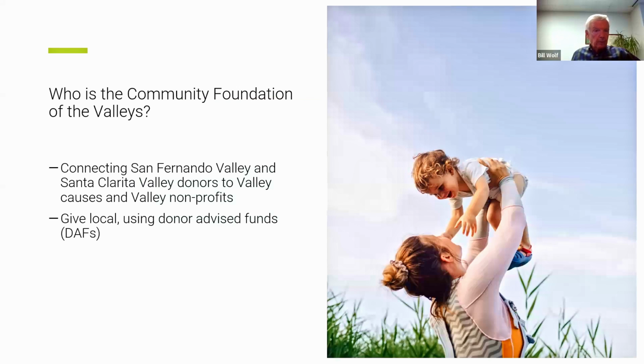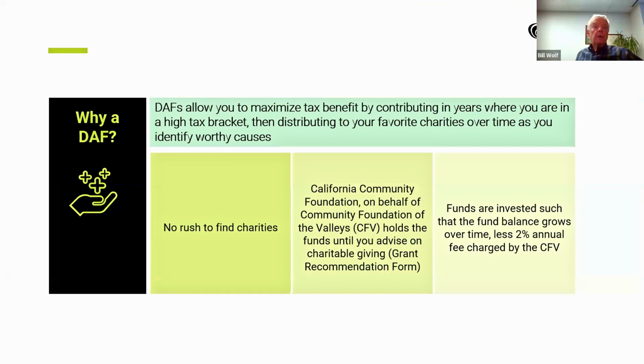Go ahead, Keith. So if you don't know what a DAF is, probably the most important thing you can walk away from this conversation is to understand what they are. This is a very powerful tool, a donor advised fund. It's a fund that's sponsored by the Community Foundation of the Valleys.